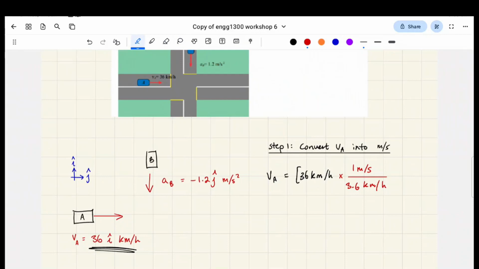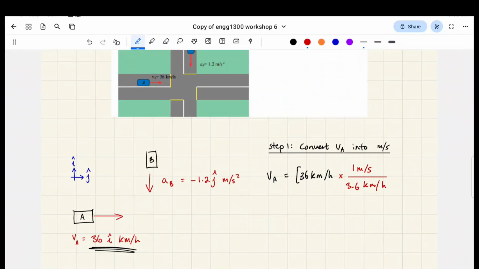And you can remember the right way around for doing this, whether you want to multiply by 3.6 or divide by 3.6, based on logic. So if you're driving a car and you're going, for example, 40 kilometers per hour, if I times that by 3.6 to get meters per second, you're going to be going over 100 meters per second, which doesn't make any sense.